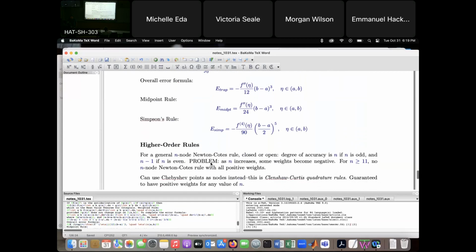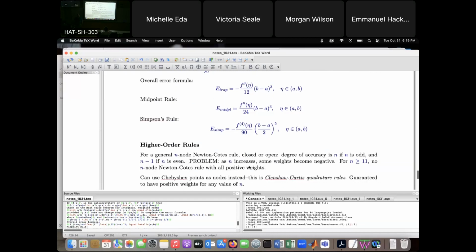Now, the fact that these higher order Newton-Cotes rules don't work well and have negative weights, that's related to what I told you earlier about polynomial interpolation. Remember, Newton-Cotes rules, the nodes are all equally spaced, and we already saw that polynomial interpolation with high degree, equally spaced points is a terrible idea.